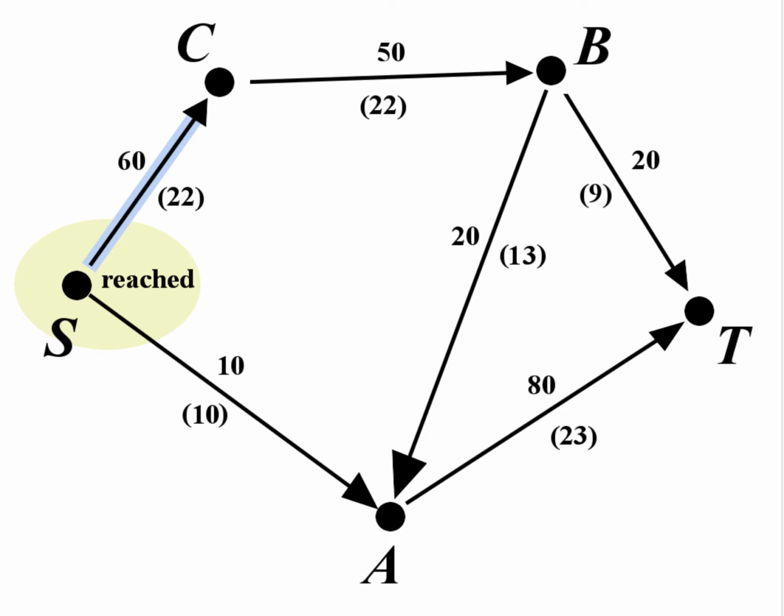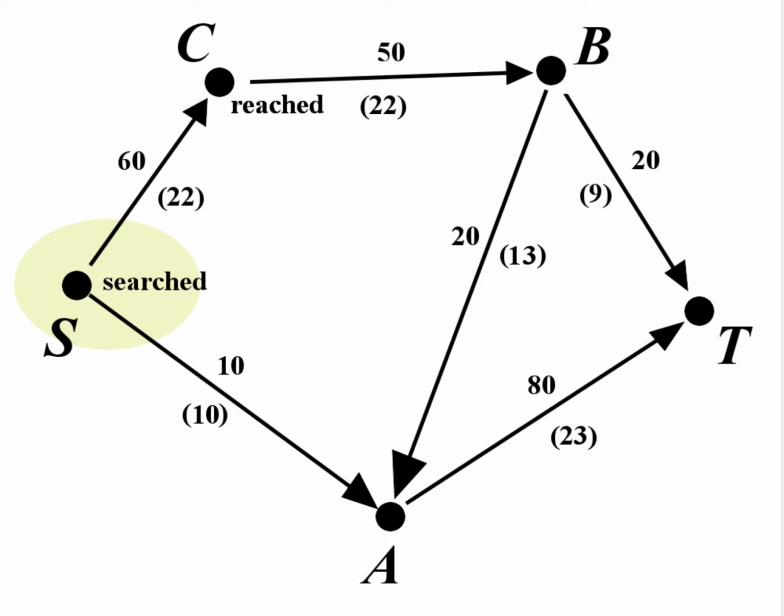It has positive residual capacity. It's 38. Then we look at the endpoint and we label it reached. So C is now reached from S. I'm not going to write that reached from S, but actually that should be written there. I want to keep my picture pretty, so I will just put the word reached. Then S is labeled searched.